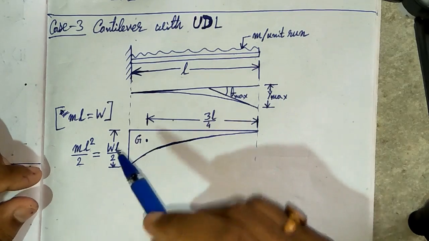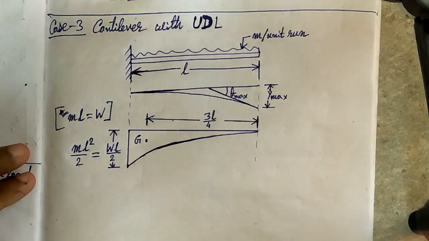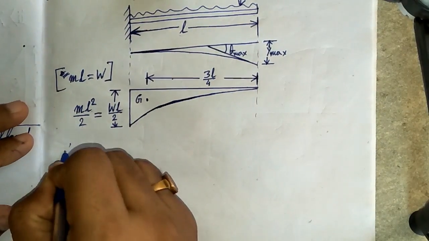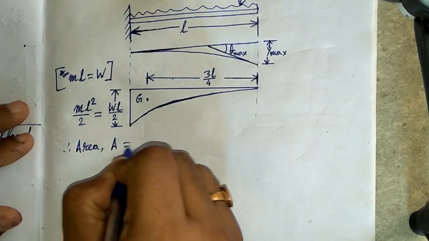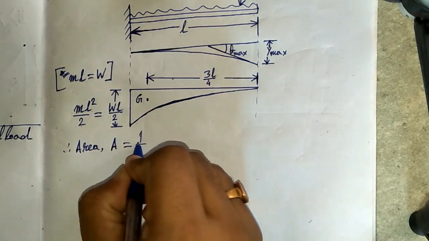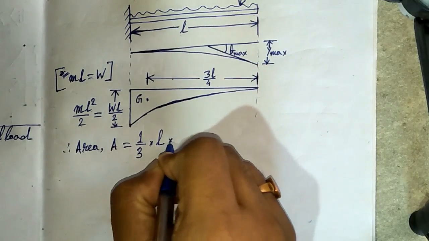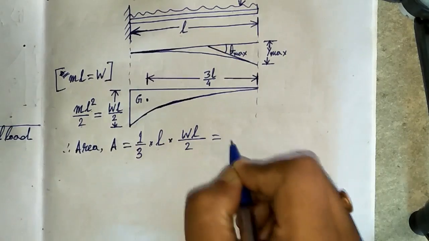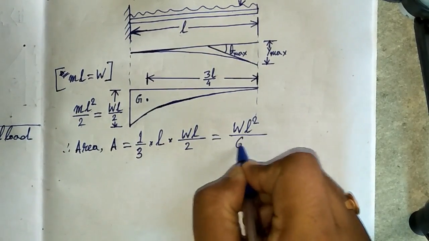So let's start. First we have to find out the area. Therefore the area, that means capital A, is 1/3 into L into WL by 2, so the value of the area is WL square by 6.